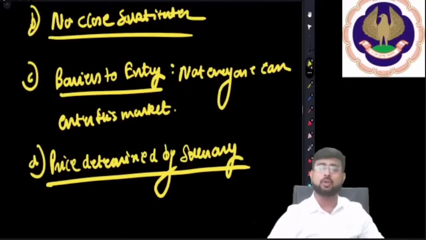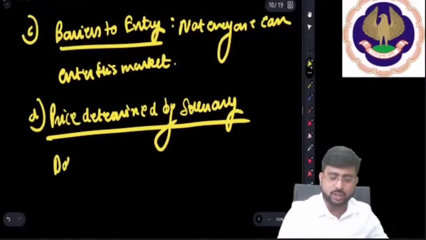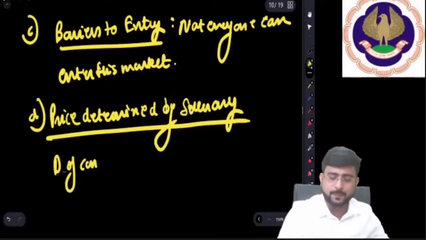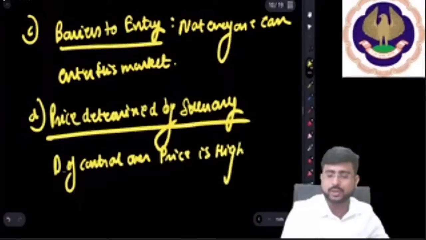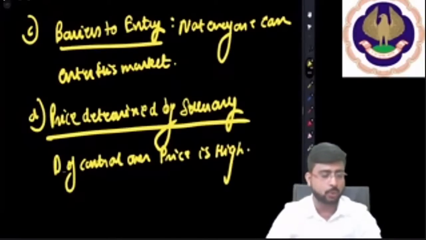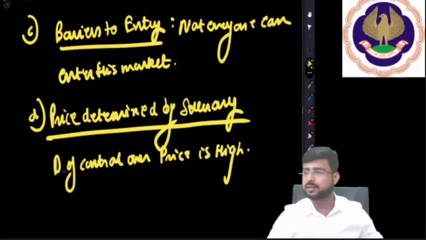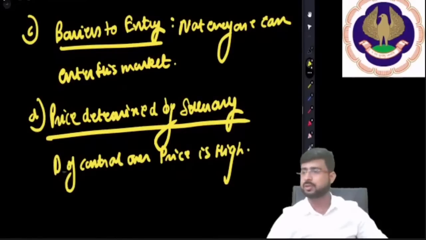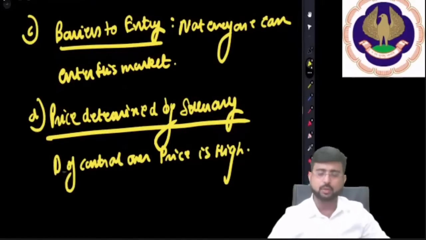So the degree of control over price is high. In fact, in our last class, I had explained this as well. They have a higher degree of control over the price they charge because they don't have any competition, so they can pursue their own policy. And the customers are also severely impacted sometimes. So yes, we have got it. Price is determined by the seller only.